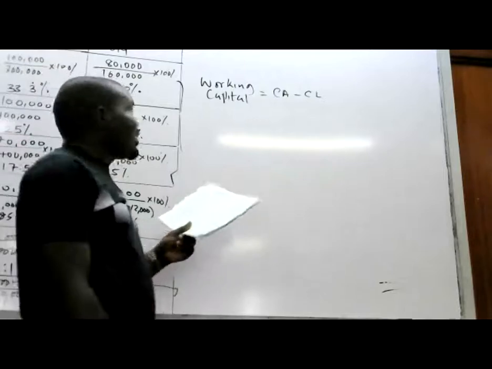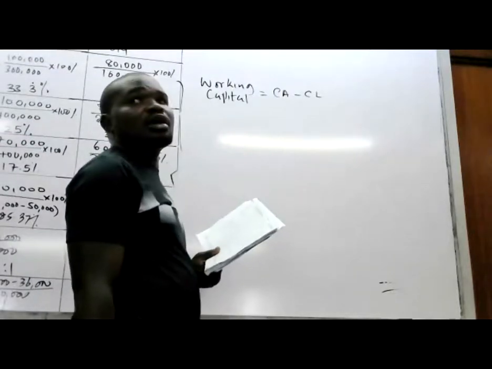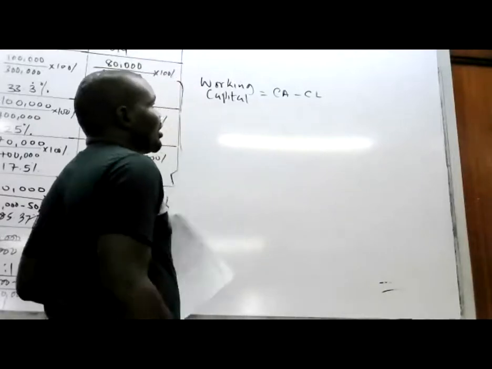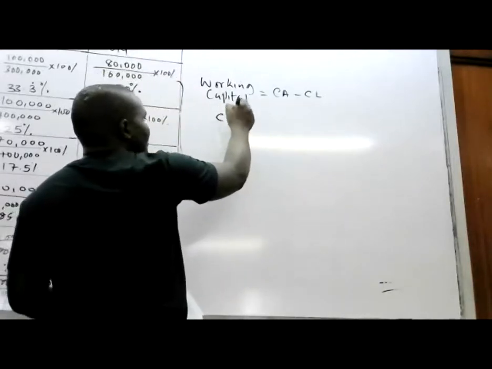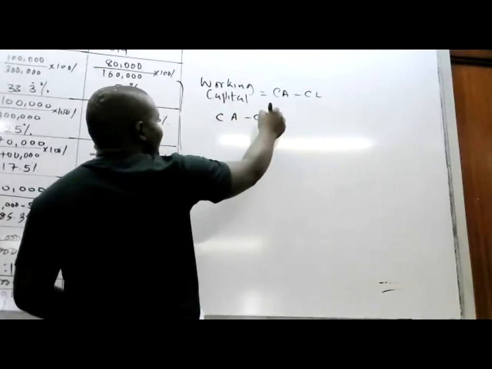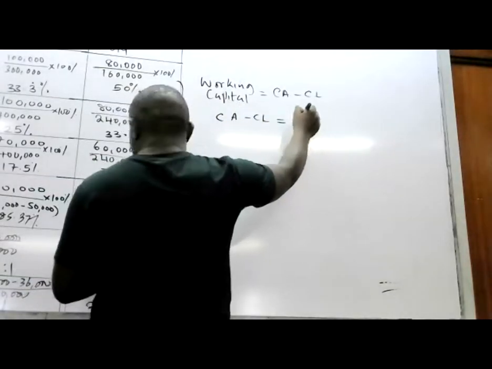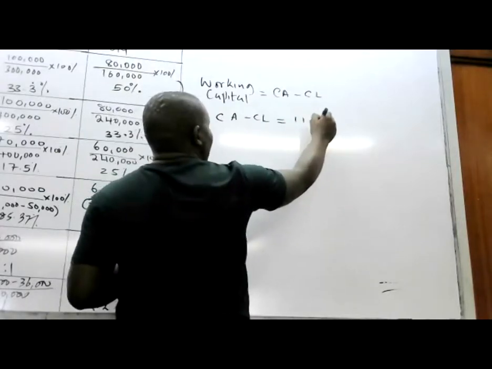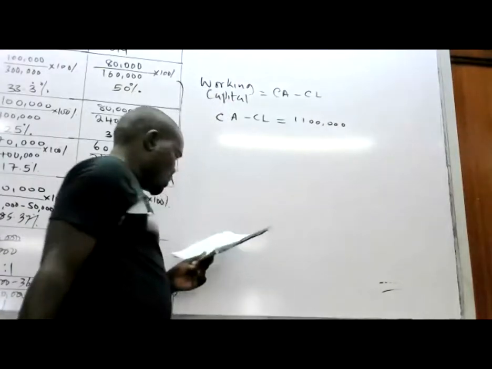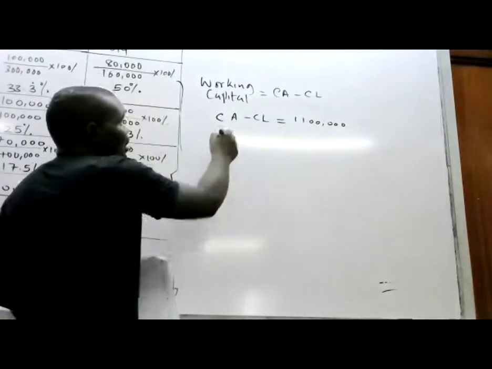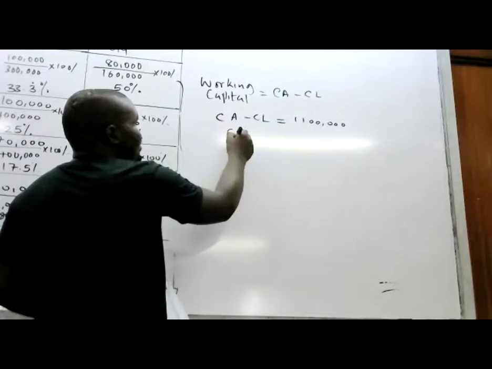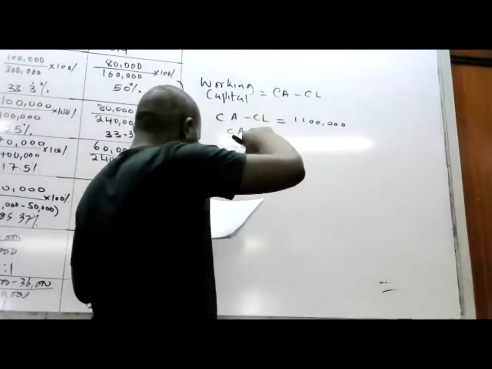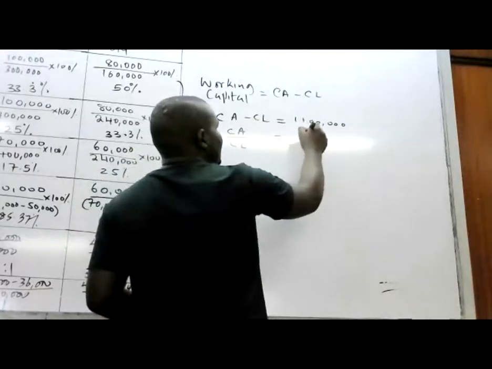Then they have given us the working capital. Current capital we have been given to be how much? So current assets minus current liabilities is equals to 11. Then current assets over current liabilities, we have been given to be 2.6.